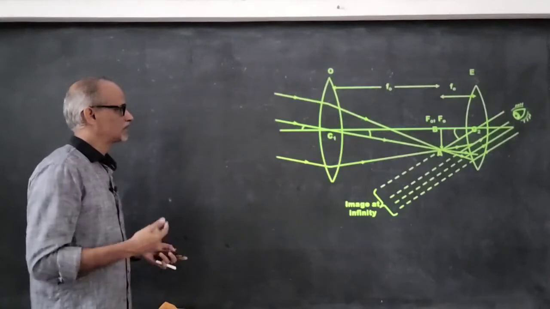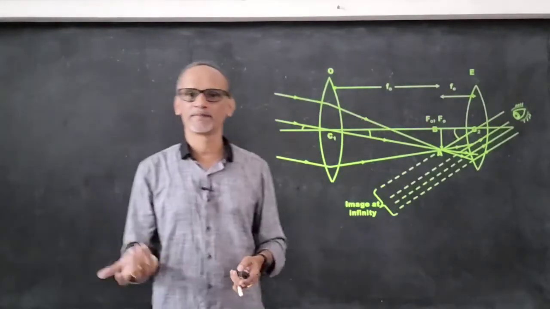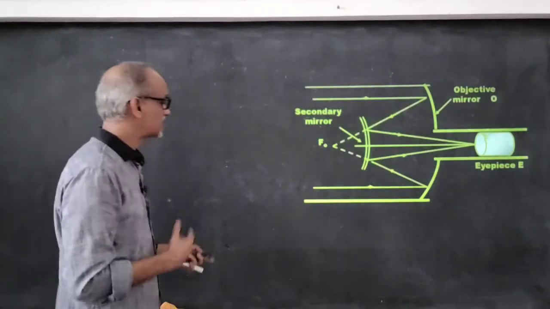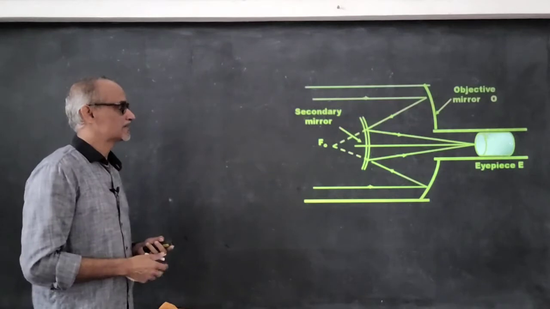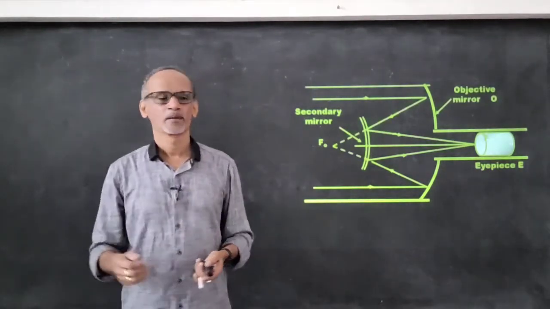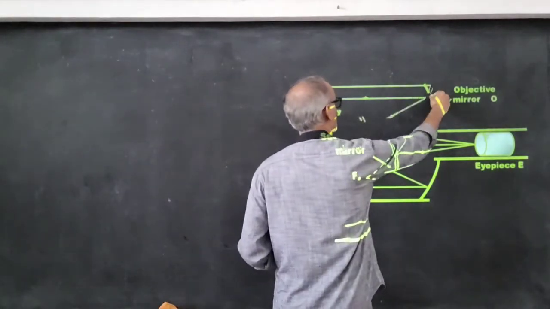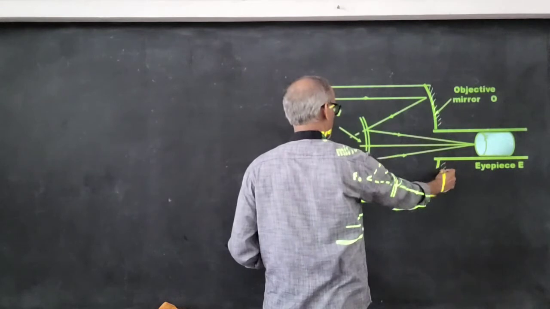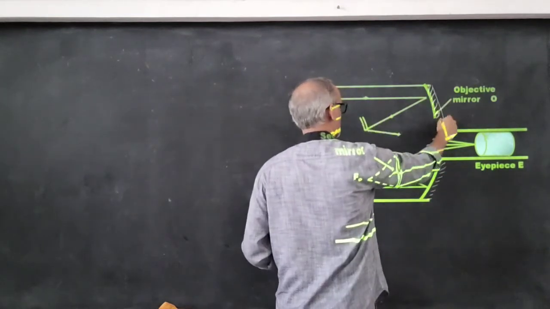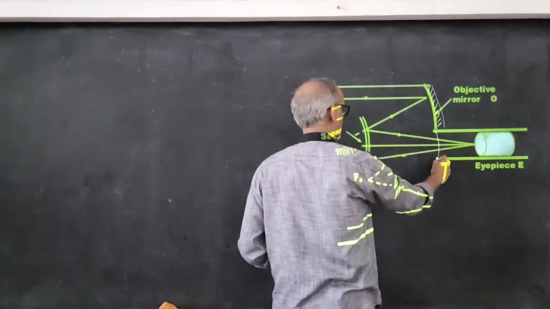So, we have one more telescope which is based on the principle of reflection and refraction, which is designed by Cassegrain. That is why it is called a Cassegrainian telescope, where we use a huge mirror. This is a concave mirror, having opening at its center.